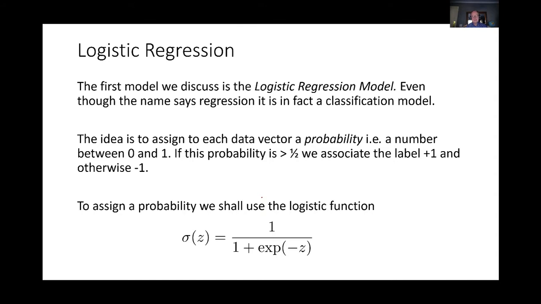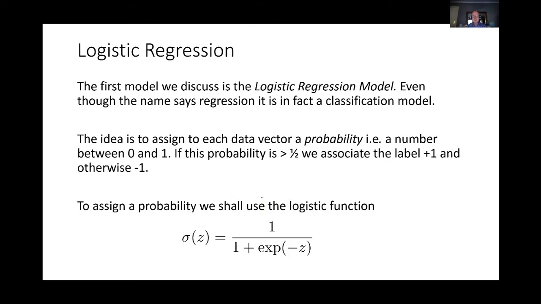And so the idea is to take what we talked about last time, namely the regression model, and see if we can turn that into a classification model. The idea is to take the values on the line, the y values, and then apply a function to them that squishes them into the interval between 0 and 1.